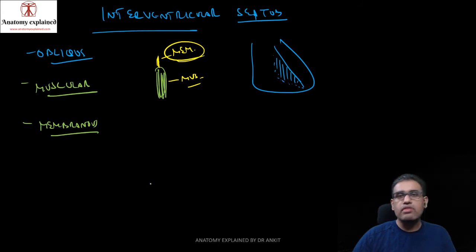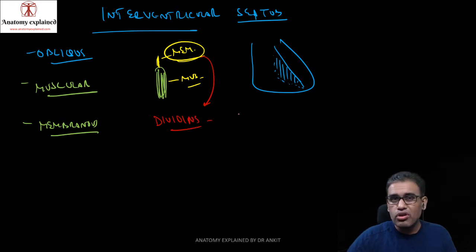Though we call it the IV septum, take note over here that this membranous part of the IV septum is separating or dividing not just the two ventricles, but more or less it is separating the left ventricle on one side from the right atrium.